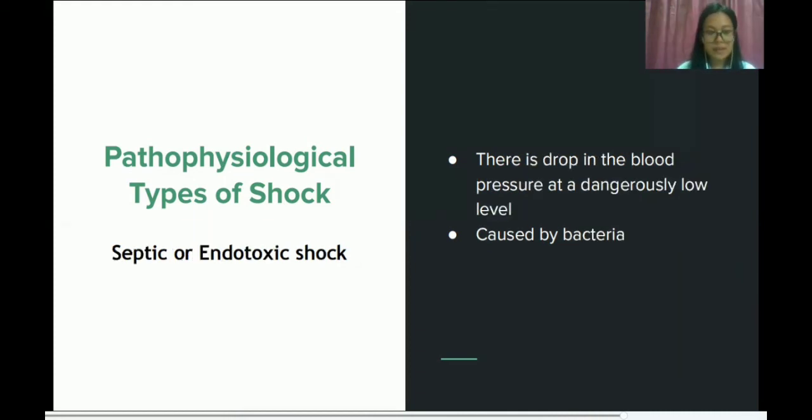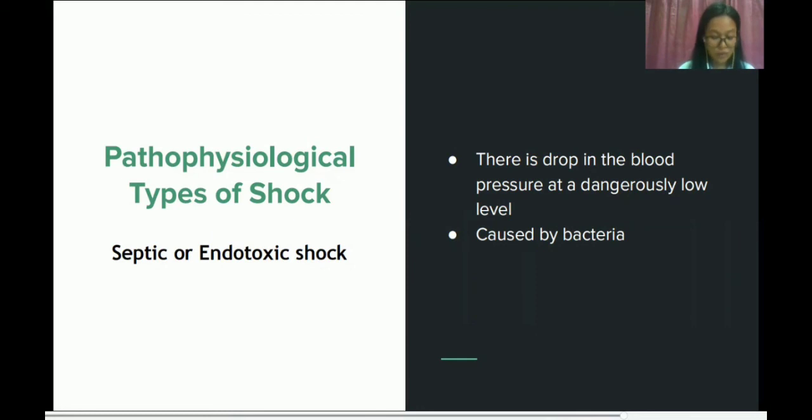For the next one, we have septic or endotoxic shock. This is a life-threatening condition that happens when your blood pressure drops to a very dangerous level after an infection. Any type of bacteria can cause the infection. At first, the infection can lead to a reaction called sepsis.